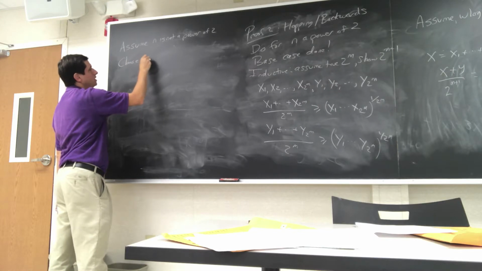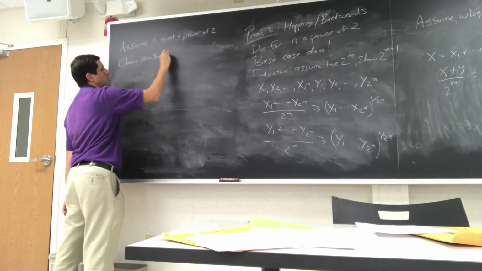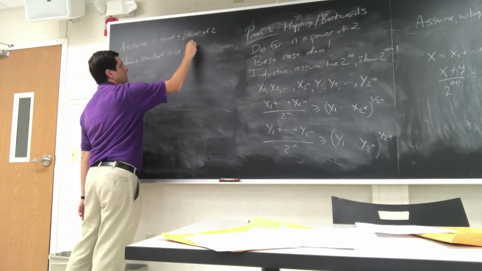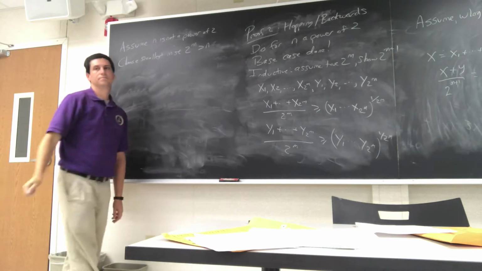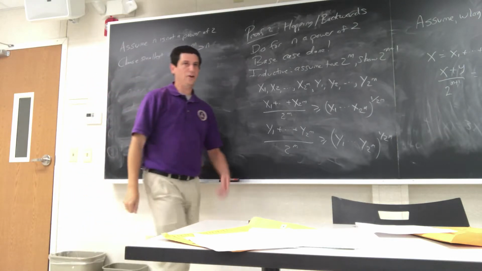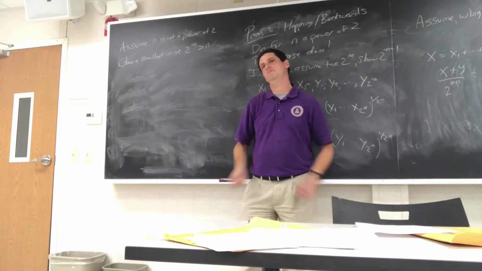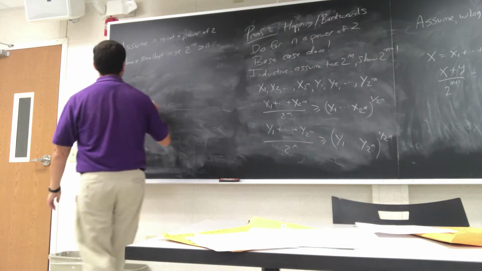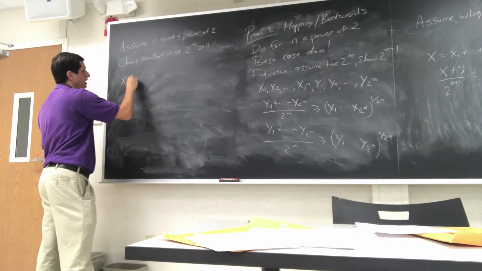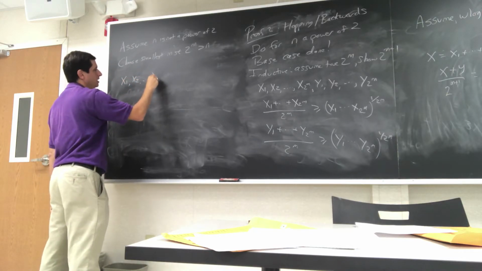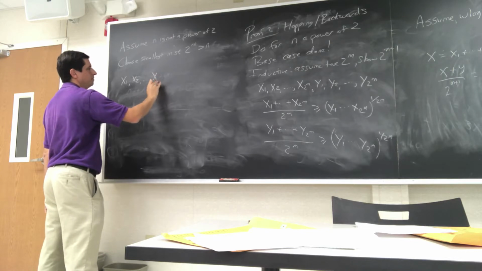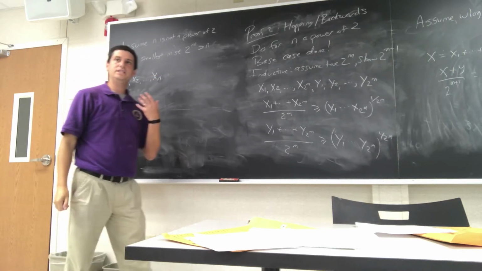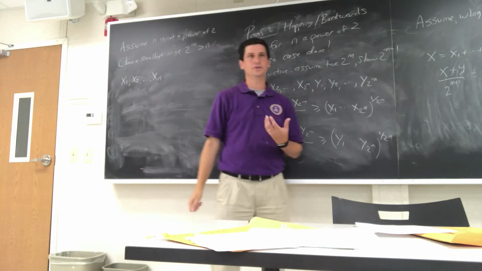Choose the smallest m such that 2 to the m is greater than n. I don't think you actually have to take the smallest m, but we're just safe to do that. So let's look at what we have. We have x1, x2, through xn. And we need to have 2 to the m elements.